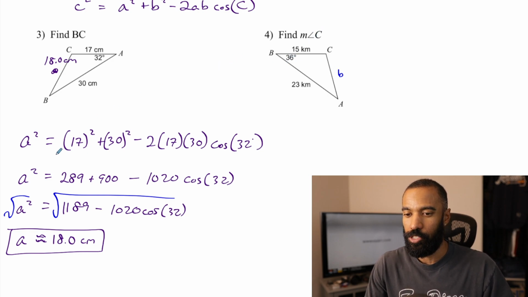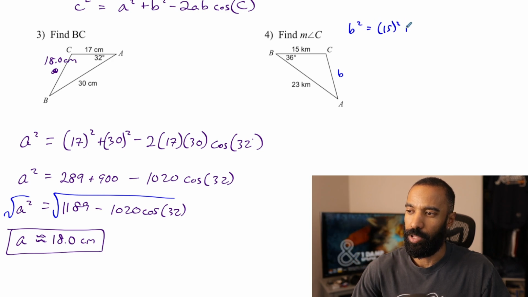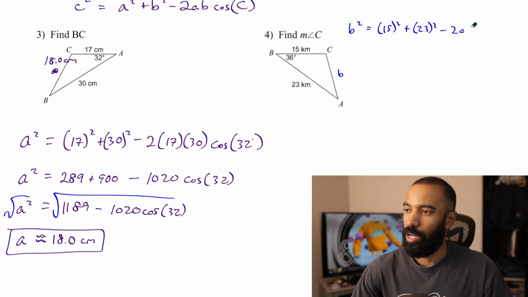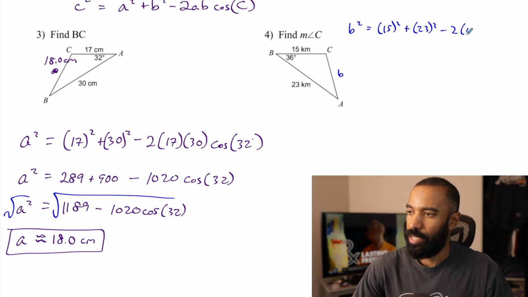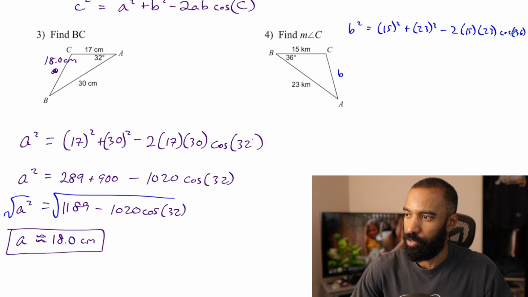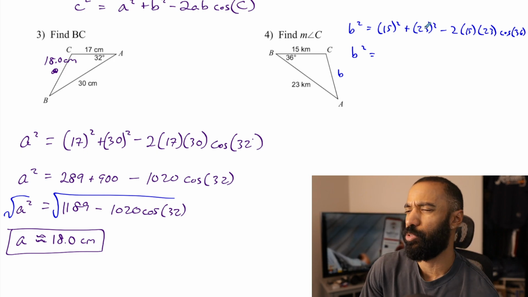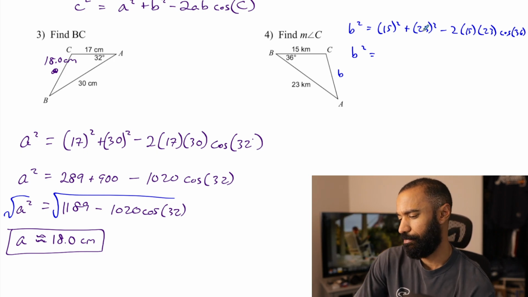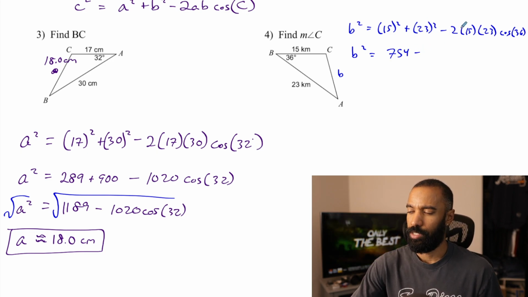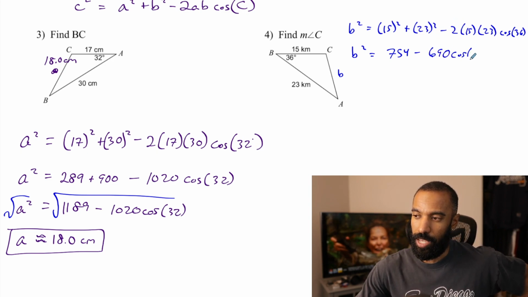So let's first find that B. Let's use law of cosines like we did before to say B squared equals A squared plus B squared minus 2AB times cosine of C, cosine of 36. And this will be 225 plus 529, which is 754. 754 minus 30 times 23, which is 690. 690 times cosine of 36.